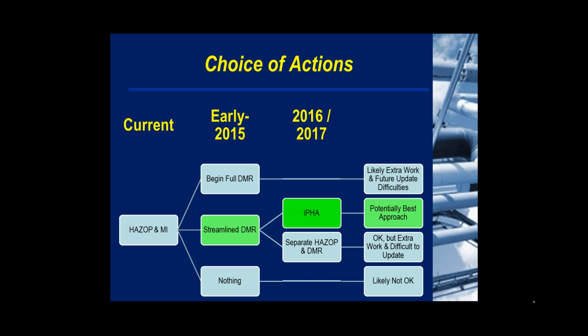Step 3 for any DMR program is to really understand the objectives and start working towards that objective. If you don't have an objective, it's kind of hard to reach it. Understanding it and developing a program is of paramount importance.